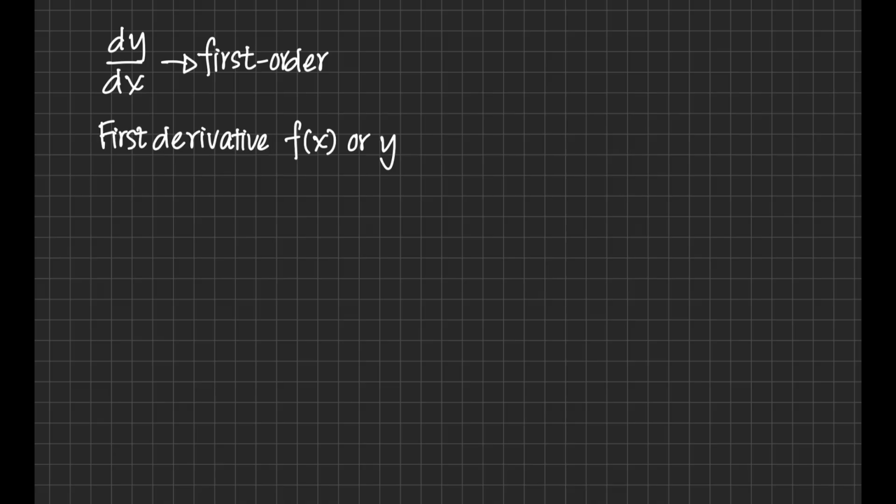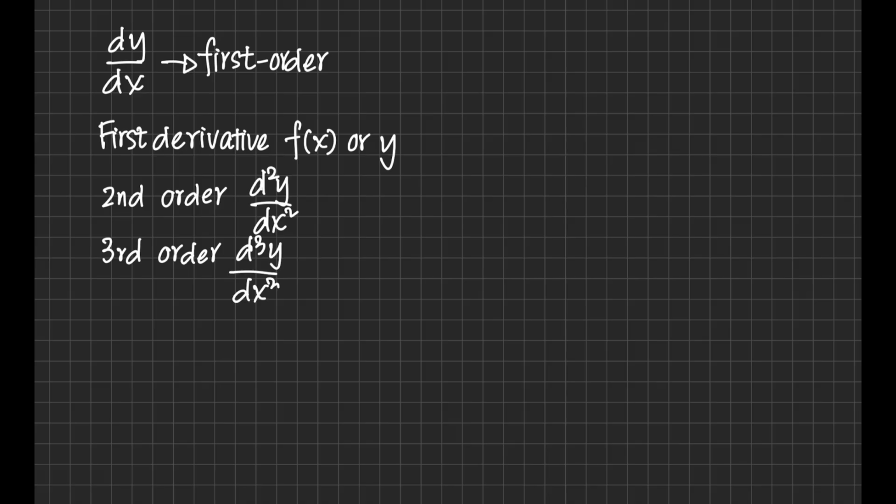We can also have higher order differential equations. For example, second order, we can have equations involving d squared y over dx squared, and also third order, for example, d cubed y over dx cubed.